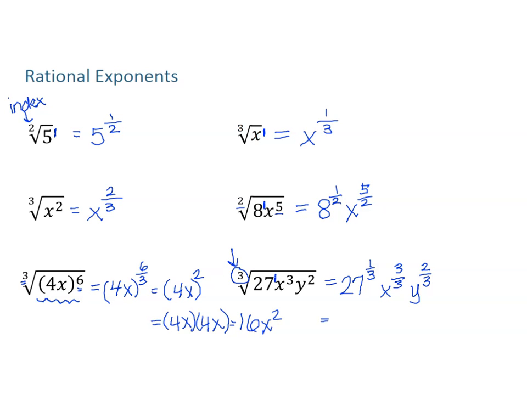That means I'm looking for some number times itself that equals 27. So I want you to think for a moment. Now you can use the cube root button on your calculator, but you should be able to think of this one. It's not a large number because it doesn't come out to be a very large cube.